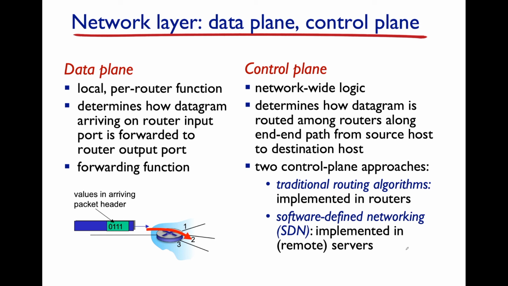One is the traditional approach, so-called traditional routing algorithms, and here we have processes that run on the routers and they exchange information with one another, and based on that information they exchange, come up with a path or determination. There's also so-called software-defined networking. Instead of having routing algorithms running on each router exchanging data, we have routing agents running on each router, and they collect this data, send it to a centralized server. It could be a cluster. It determines what the route is and pushes that result back to the routing agents.